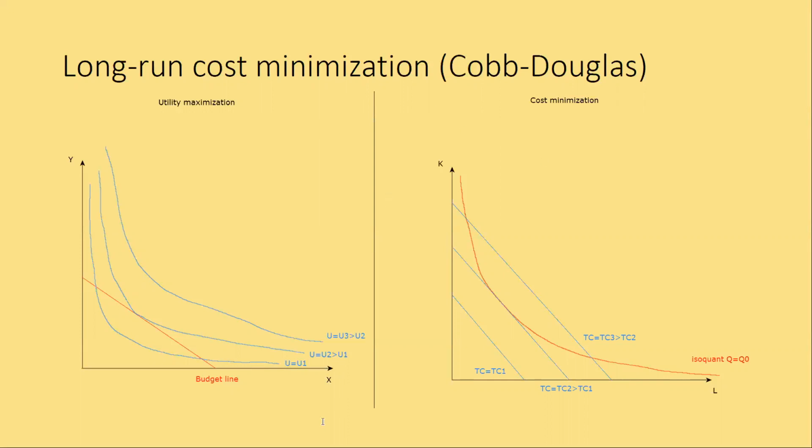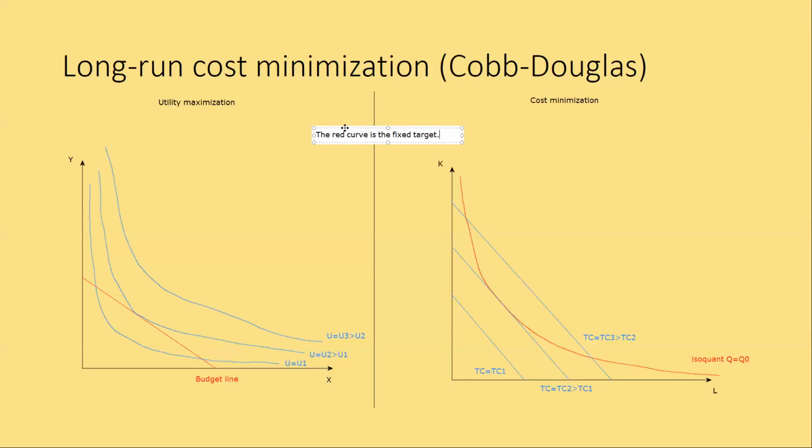So the important difference is that the red curve is the fixed target. In the utility maximization problem, it is the budget line that is fixed. And the consumer is trying to shift the indifference curves and find the highest possible one that still intersects the budget line.